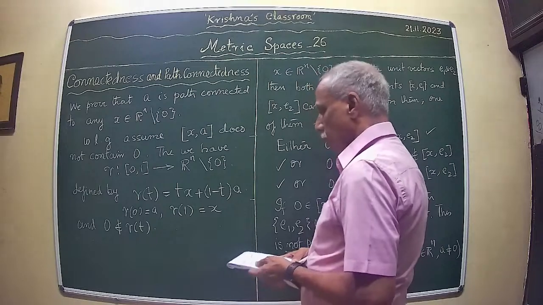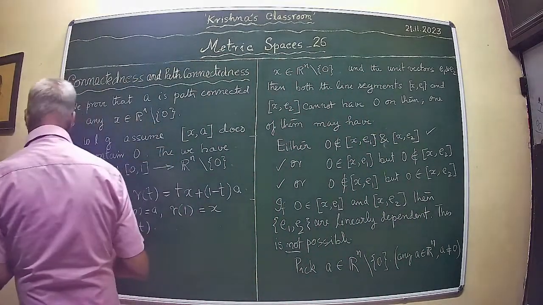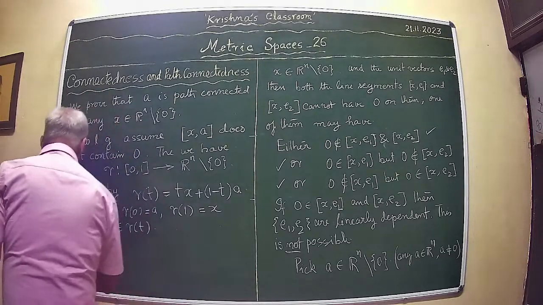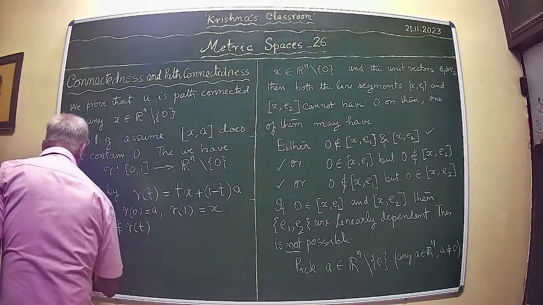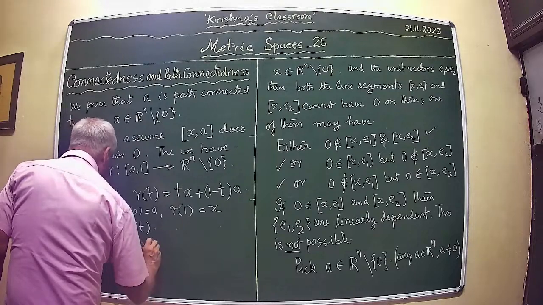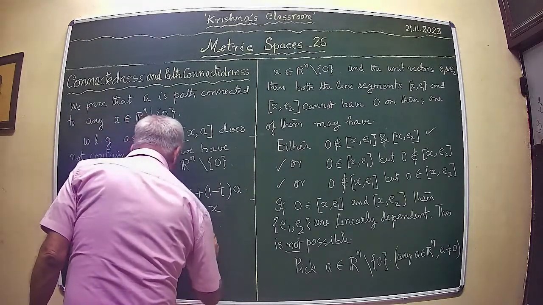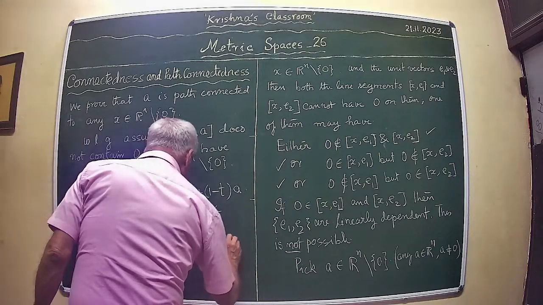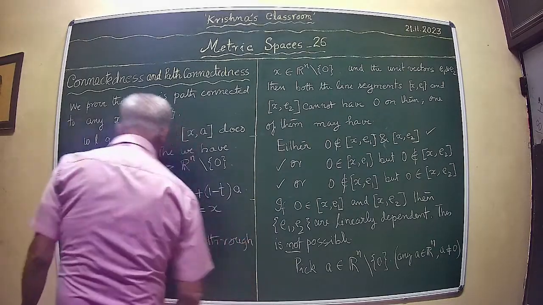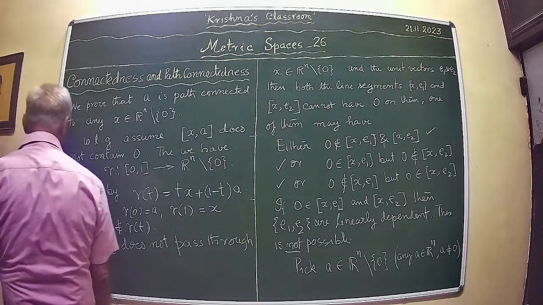Okay, now we look at the situation. We know that the line segment E1, E2 does not contain 0.